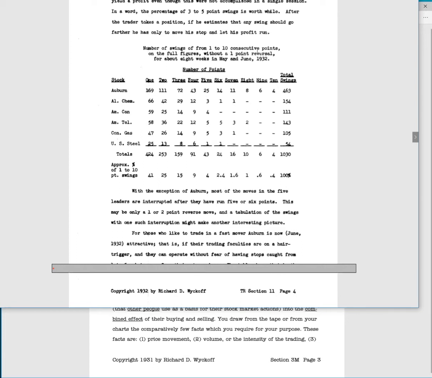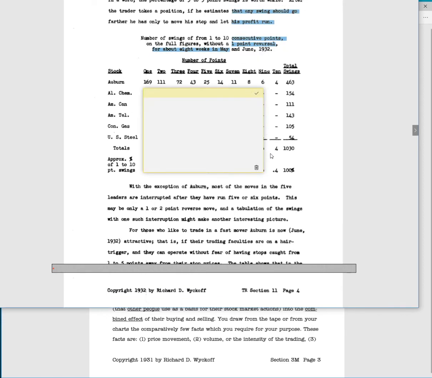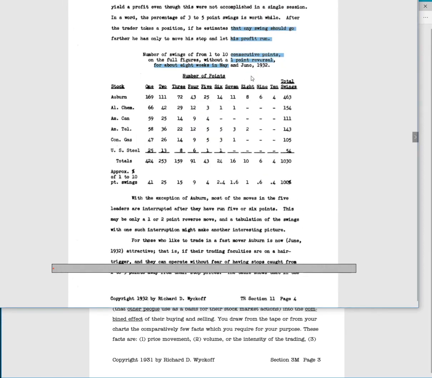So how many of these swings from 1 to 10 consecutive points are without a 1 point reversal? So how many of them like continue?